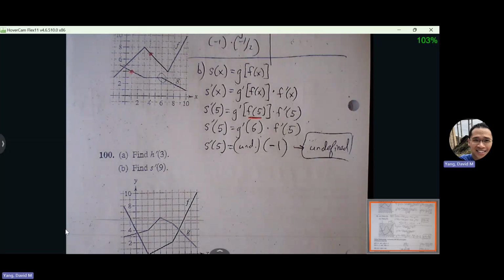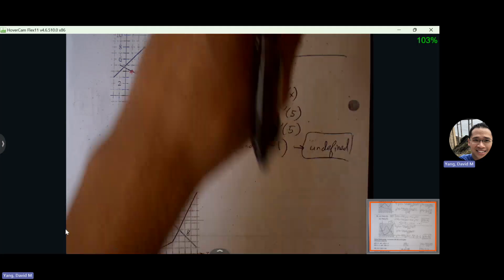Let's go to the next page and see if we can identify what if we mixed up product, quotient, and chain just for practice purposes. There's a bit more chain rule and product quotient rule to explore. So let's go to page 17.